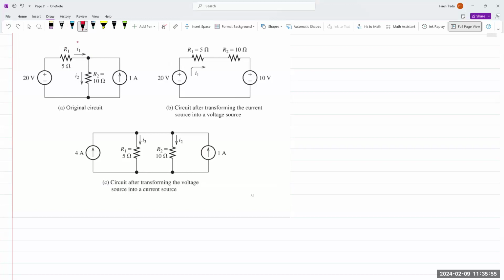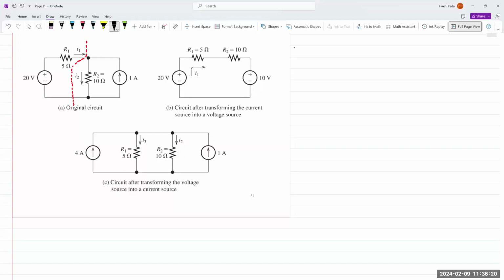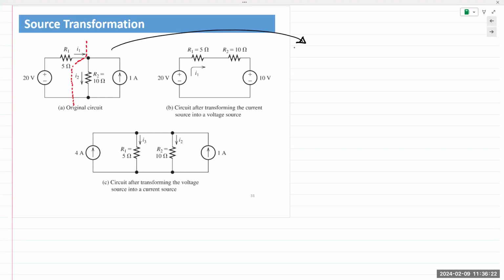What we do is we break up the circuit. At this point it's very important. This is where most of the errors happen. You break up the circuit and you take whatever source you wish to transform, take it out of the circuit, transform it, and then plug it back in. So here, I'm going to take my current source and I wish to transform it, right?